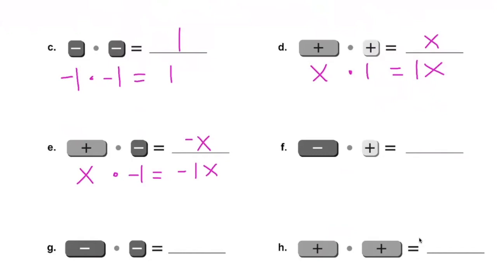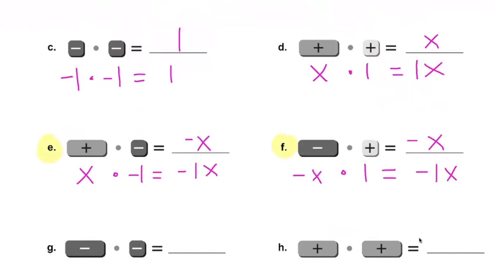The next one, we have negative x times a positive 1, we're still going to get a negative 1x, or just negative x. So you'll see on letters E and F, we get the same thing, but we were multiplying with two different things.